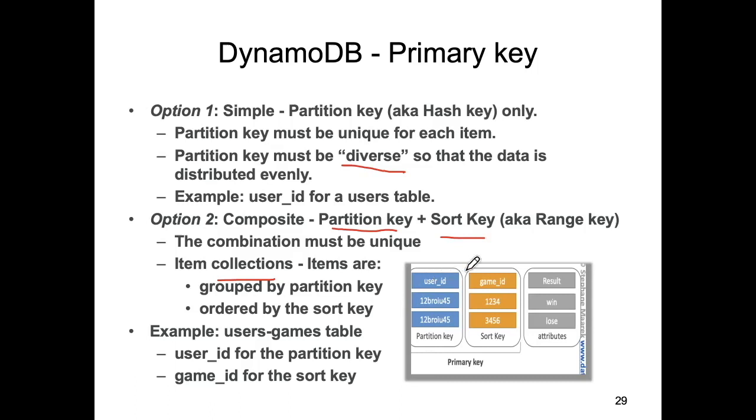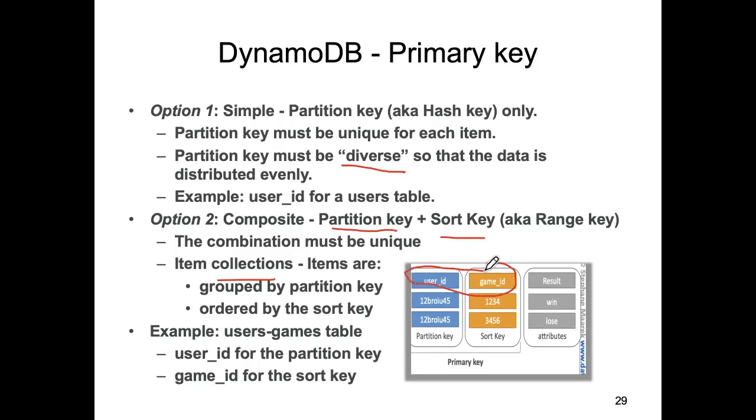We need a second part to add to that to make up a primary key. And I've decided that the game ID can be the sort key in this approach. So the sort key is the game ID, the user ID is the partition key, and that combination is the primary key for this table.